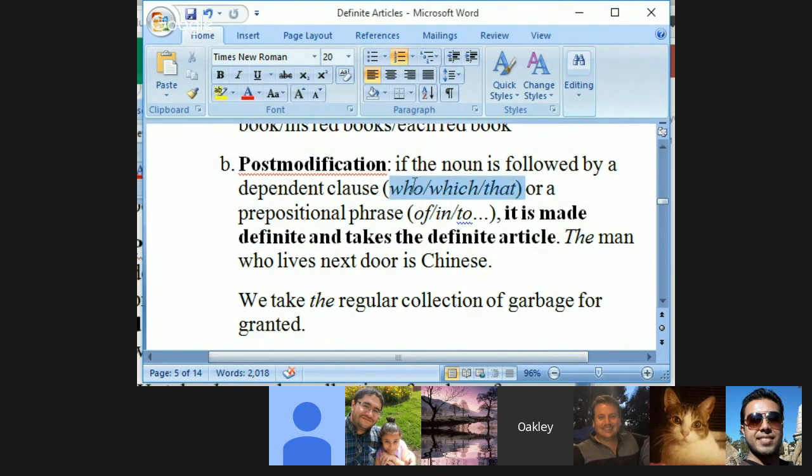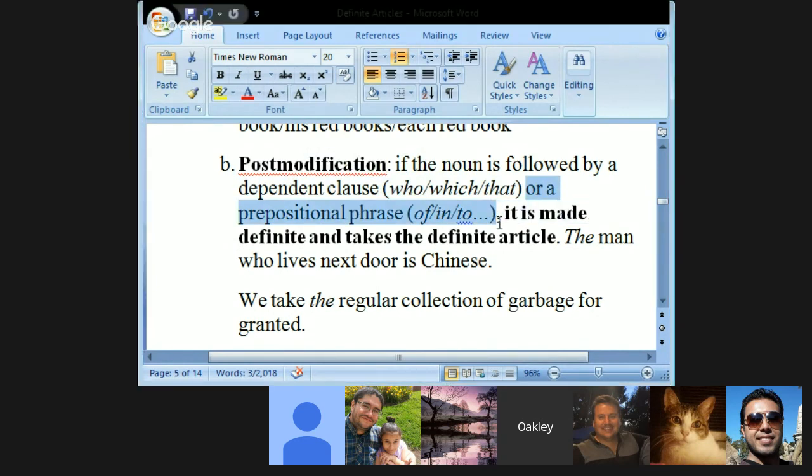These are the clauses which use who, which, that, and others. You're using a dependent clause which defines the subject noun. That noun is most assuredly going to have the. Definitely.